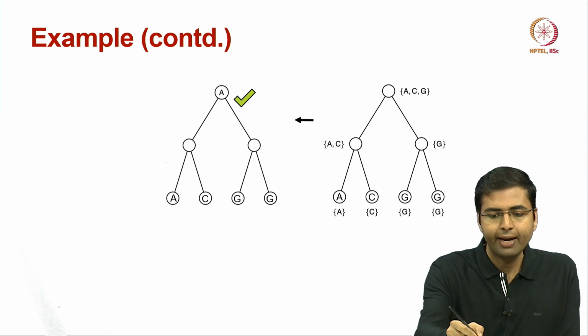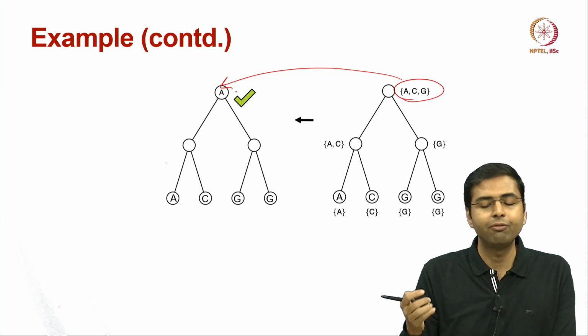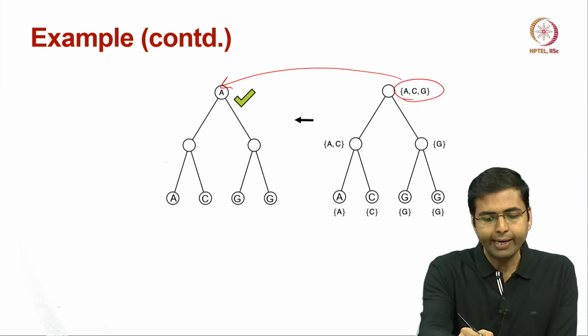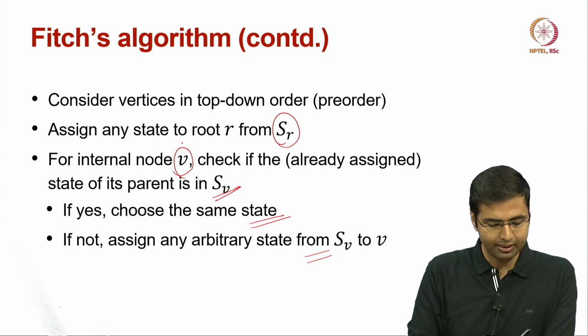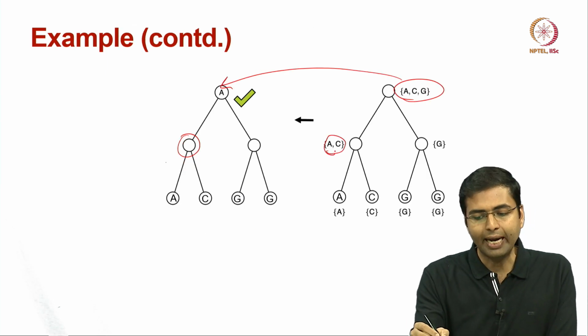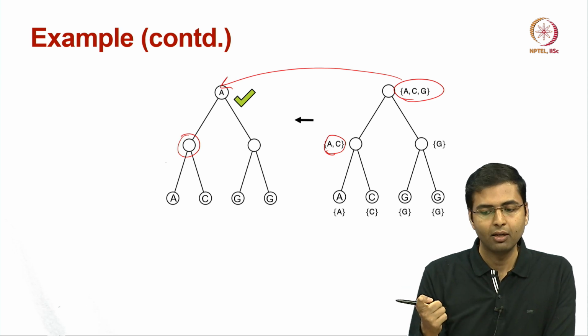So, we will pick any random state from A, C, G and assign it to the root node. Let us say we pick A in this case. Now, at this node, based on the algorithm that we just discussed, I will check whether any state from this set has been assigned to the parent node already or not.